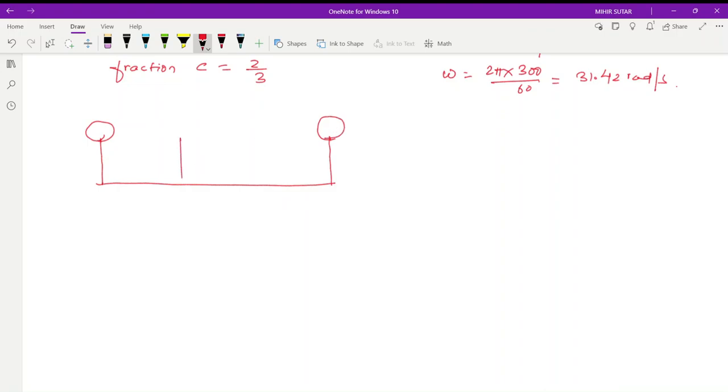Cylinders, two cylinders are there. A, B, C and D. So these two are the wheels and these two are the cylinders.